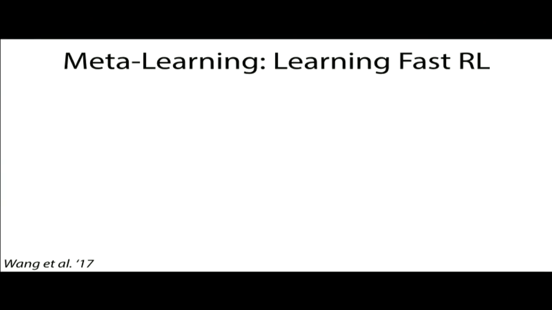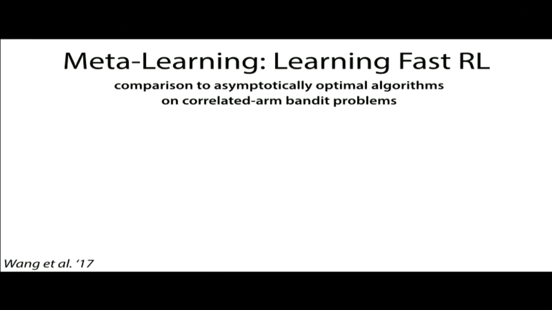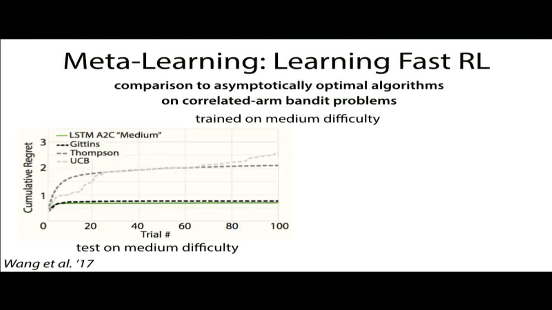And so these papers first compared to asymptotically optimal algorithms on bandit problems. I don't know if we covered this in this course, but there's a lot of literature on solving bandit problems, which are essentially reinforcement learning problems where there's only a single time step. There are a number of algorithms for solving bandit problems, using Gittins indices, Thompson sampling, and upper confidence bound.